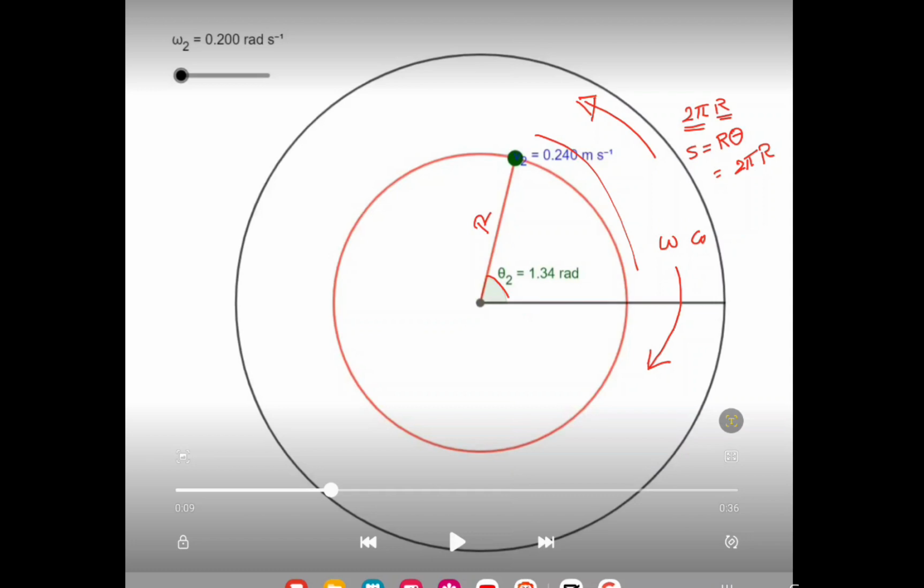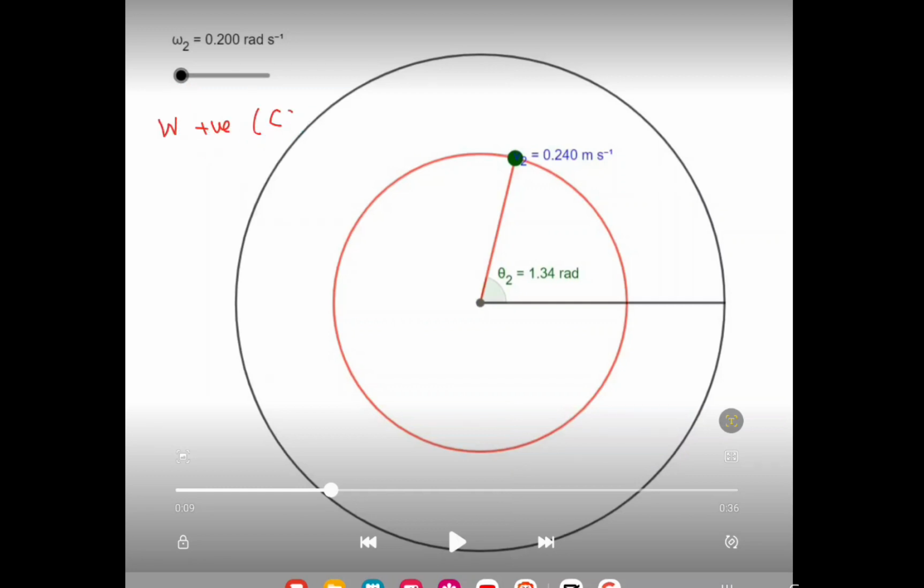Let's mention this one here. Omega is positive if the particle moves counterclockwise, and omega is negative if the particle moves clockwise. In either case, the angular velocity does not depend on the particle position.